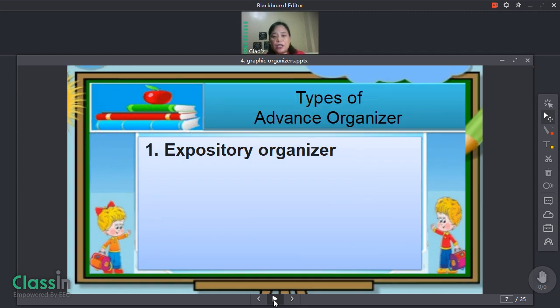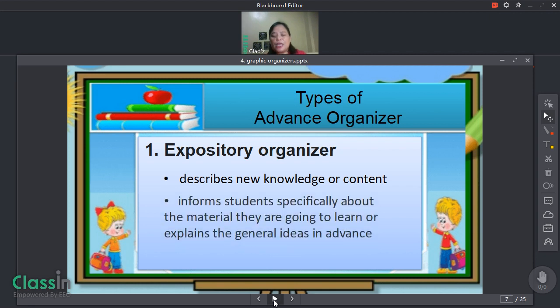An expository organizer describes new knowledge or content. It informs students specifically about the materials they are going to learn or explains the general ideas in advance. From the root word itself, expository, expose. Using these organizers, we introduce or we expose the new topic to the students.